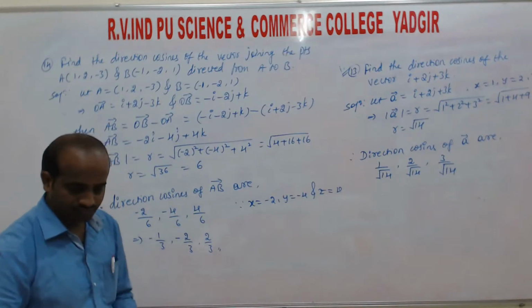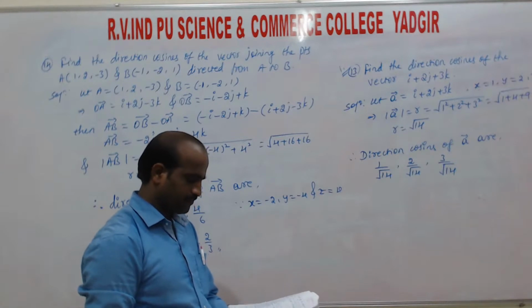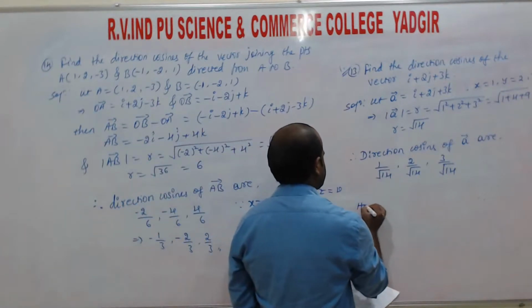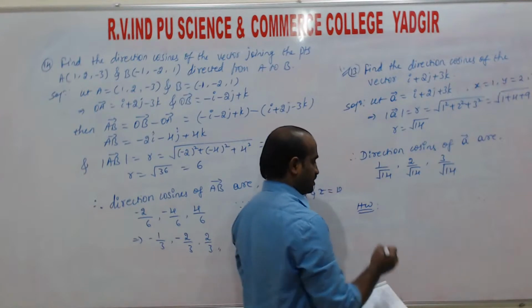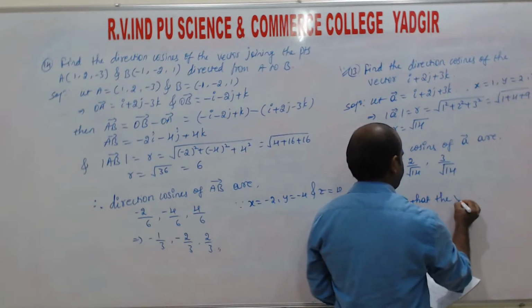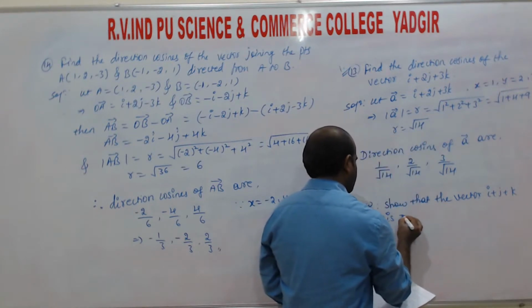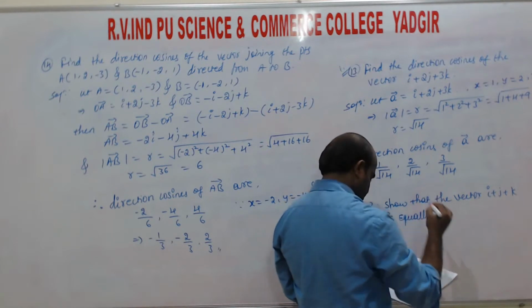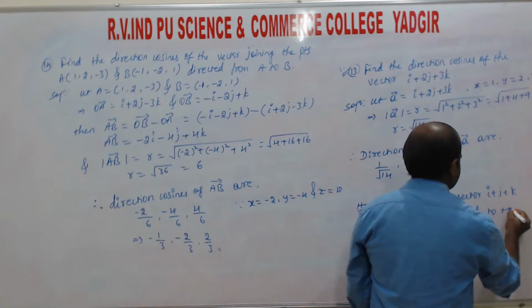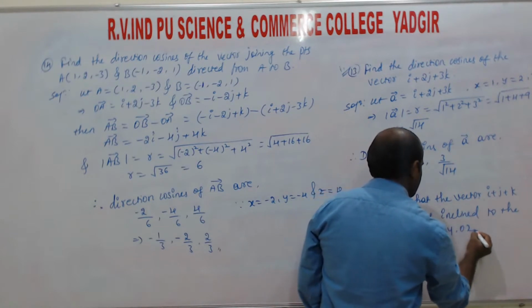Check this one question. Show that the vector i plus j plus k is equally inclined to the axes x, y, z.